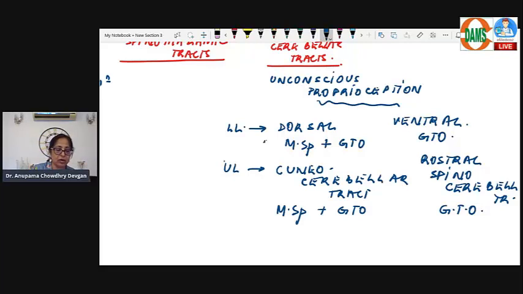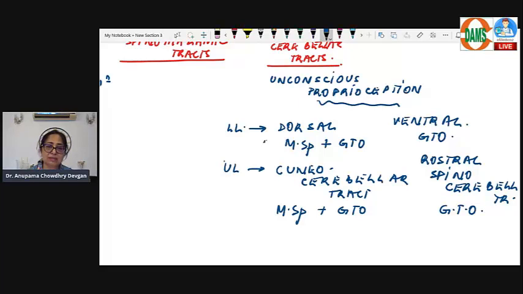So these are your spinocerebellar tracts. This is meant for unconscious proprioception. From the lower limb, dorsal spinocerebellar and ventral spinocerebellar. From the upper limb, cuneo-cerebellar and rostral spinocerebellar. Dorsal and cuneo-cerebellar carry impulses from muscle spindle and Golgi tendon organ.